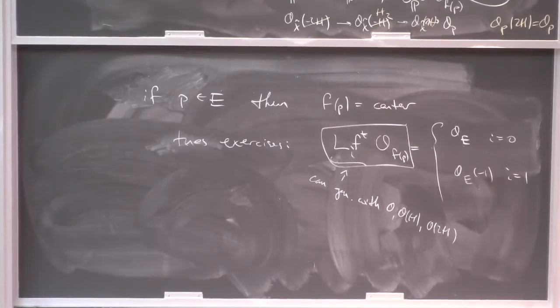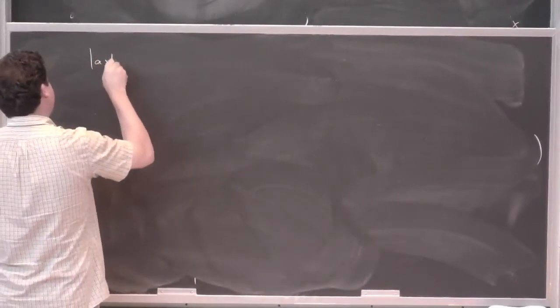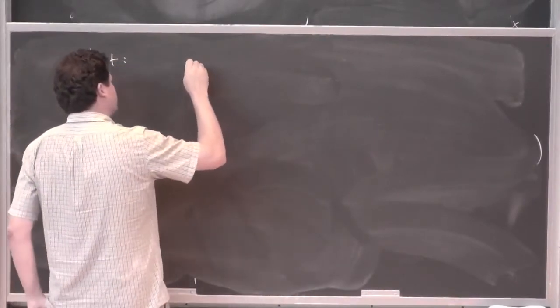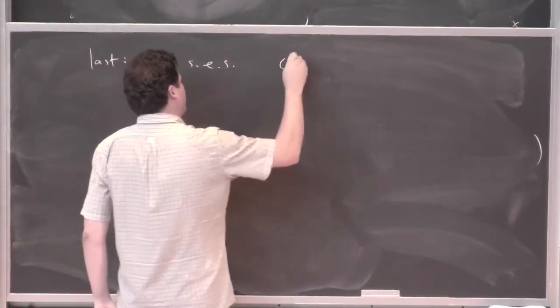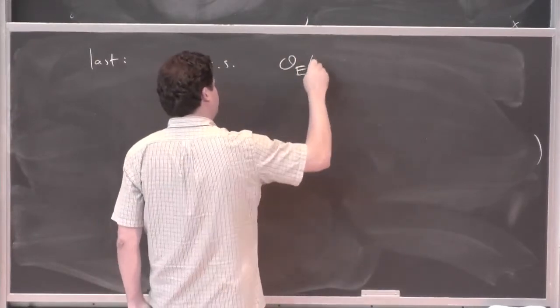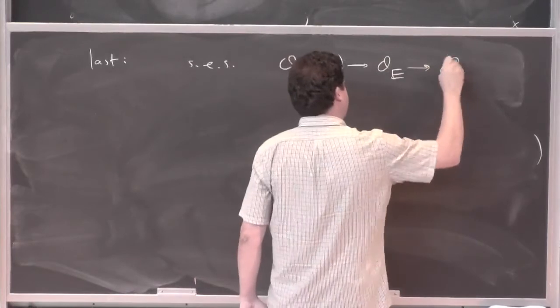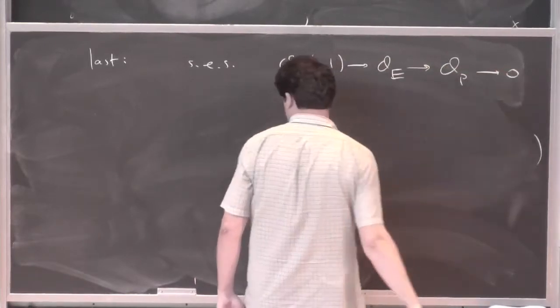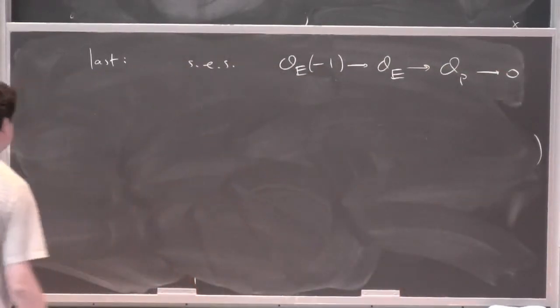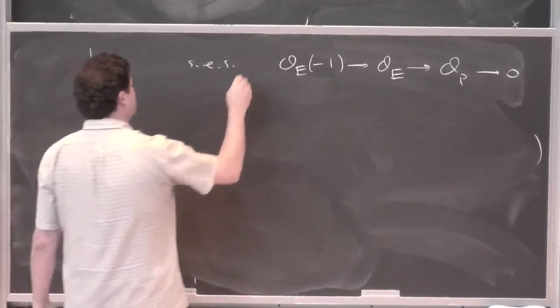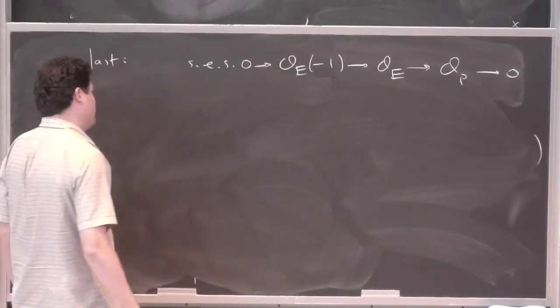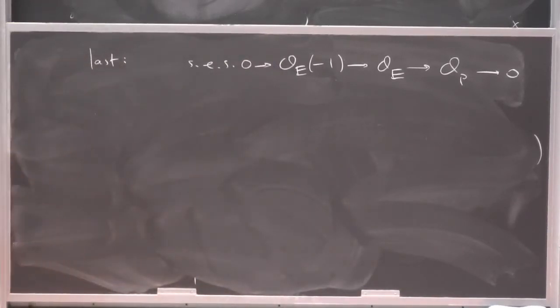And so last, we have a short exact sequence, OE. So we can generate OE, and then we can take this, because E is just a P1. And so now we've generated all the points in a lot of steps.